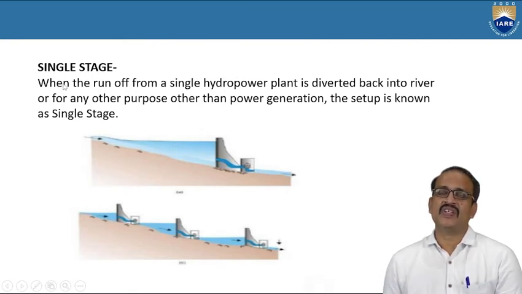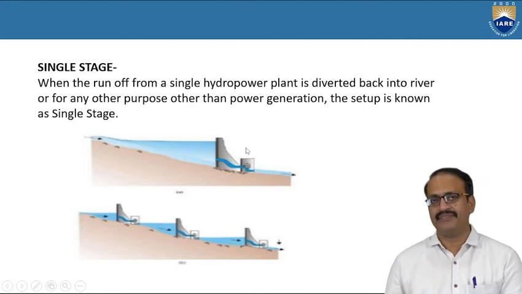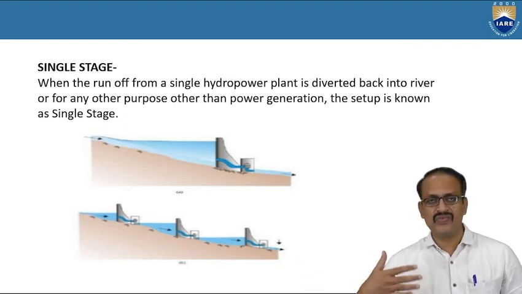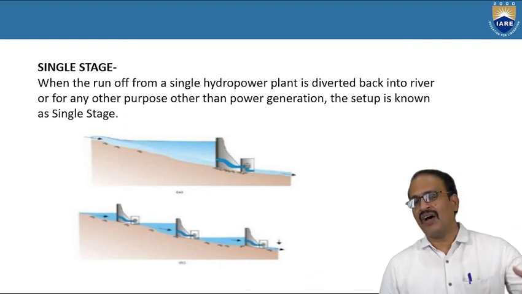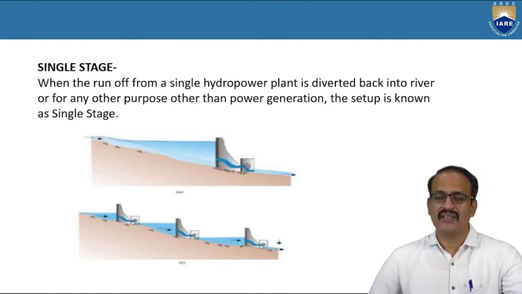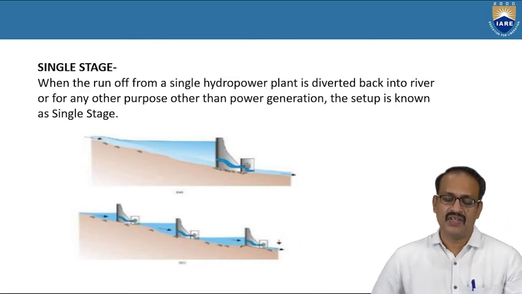So this is a single stage dam. Once you release the water, it will go forever. Afterwards, after releasing, you cannot use that water for power generation, or store that water in this dam. So that is single stage.